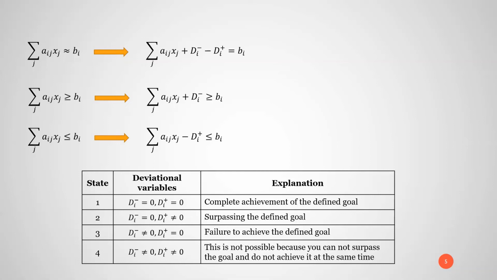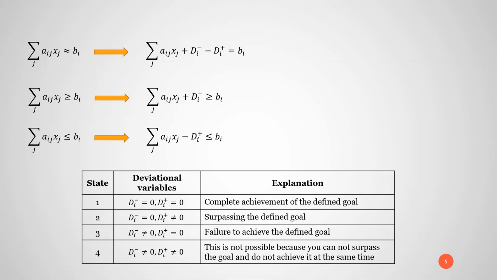In state number 1, both of the deviational variables are equal to 0. And here we have a complete achievement of the defined goal. There are no deviations. If only the underachievement equals 0, then surpassing the defined goal has happened. If only the underachievement is available, it is a failure to achieve the defined goals.